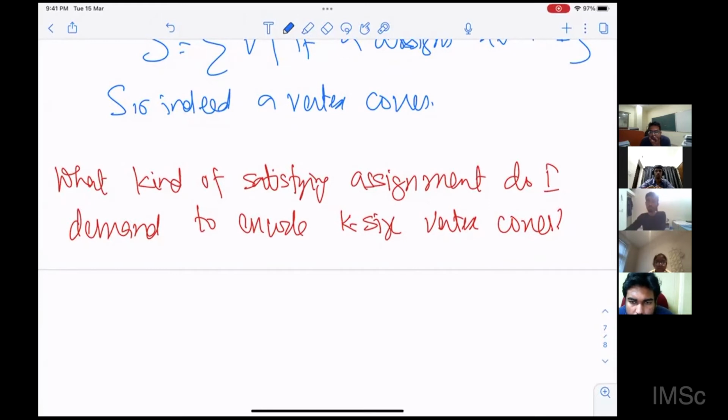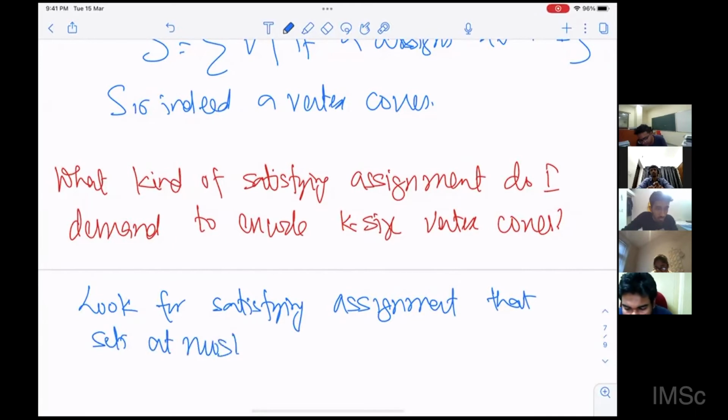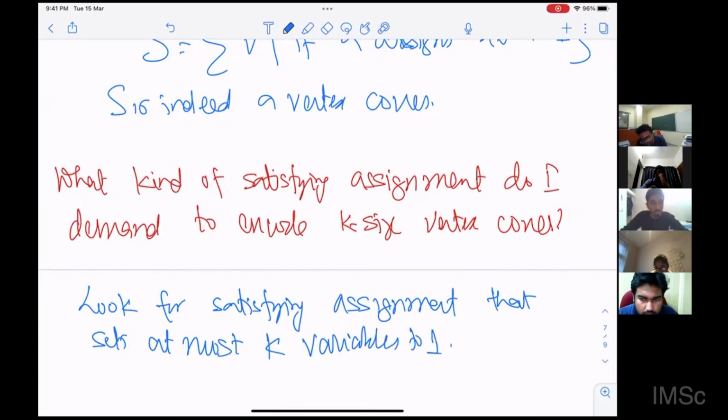She said, hey, don't look for any satisfying assignment. Look for a satisfying assignment that sets at most k variables to 1. Right? Definitely, if you have a vertex cover of size at most k.